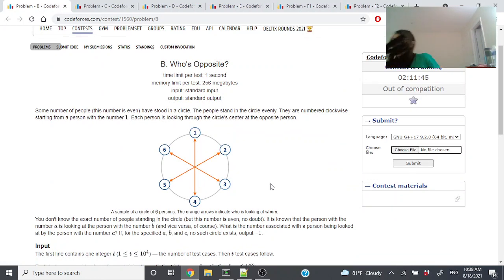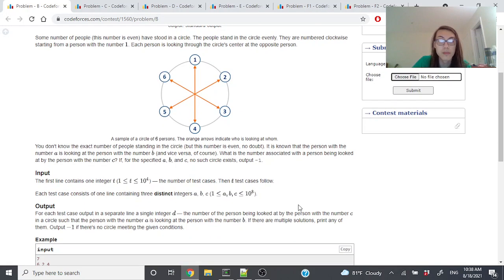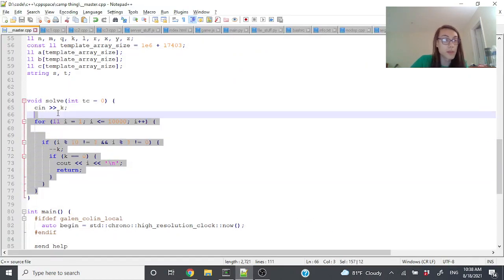So the number of people have stood in a circle. This number is even, no doubt. Okay, so I figure out the number.